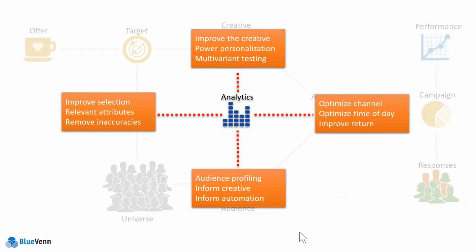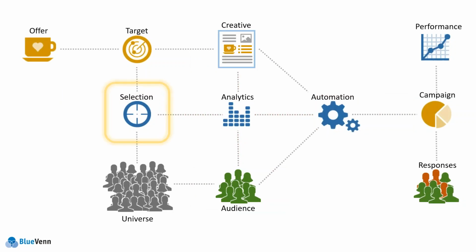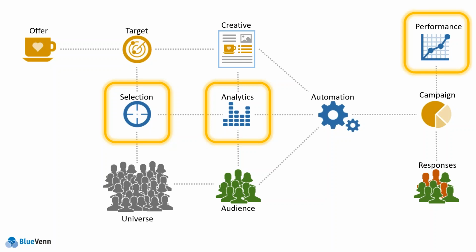So to continue then, we have talked about how analysis can be used to improve or optimize our campaign. But I also want to touch on these two elements on the right-hand side. When analysis is applied to these areas, performance and responses post-campaign, we start to enter into the next level of optimization.